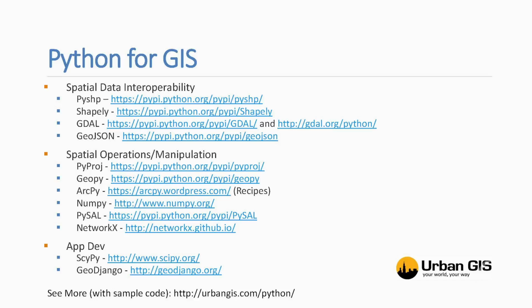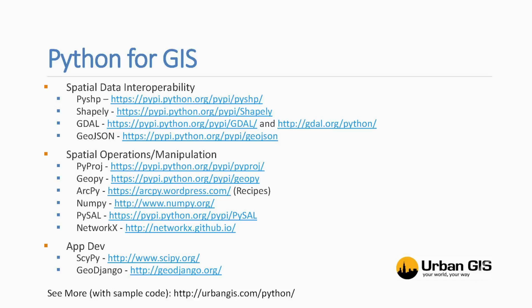So PyShape is a package that's used to read and write Esri shapefiles, which is a common data format for vector data. Shapely is another one used to interact with vector data.